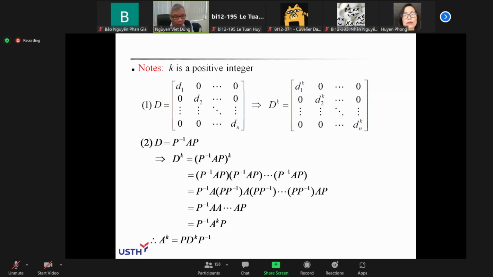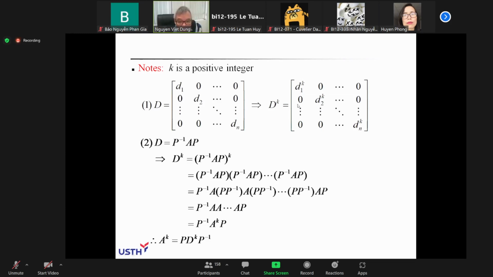However, you can do as follows. First, you diagonalize it. Then, by diagonalizing A, we can find P so that P inverse multiplied by A multiplied by P equals D, which is a diagonal matrix.